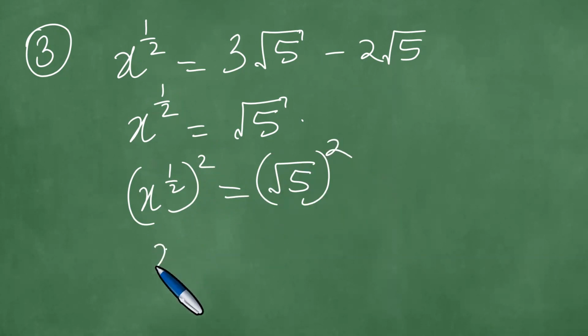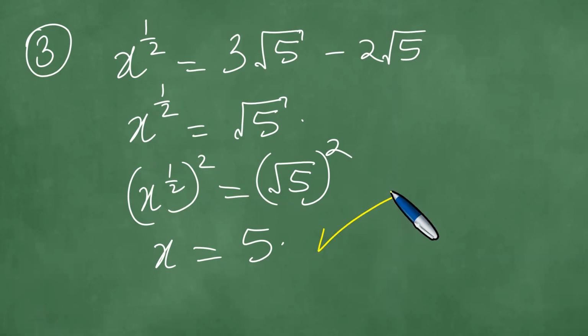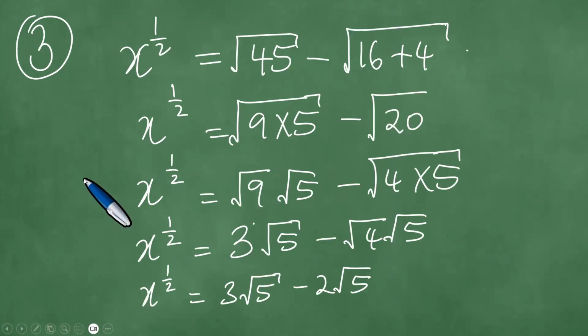So x is, the square root of 5 squared is what? 5. So x is 5. So in the end, x is 5. Now, obviously, you need to check, is this the correct answer?